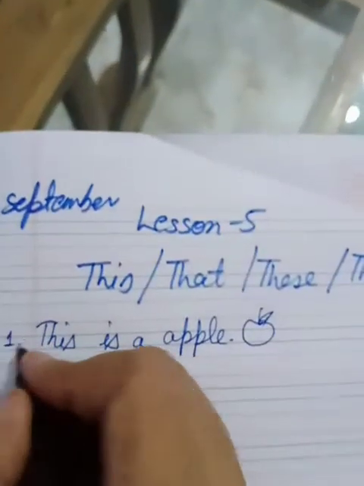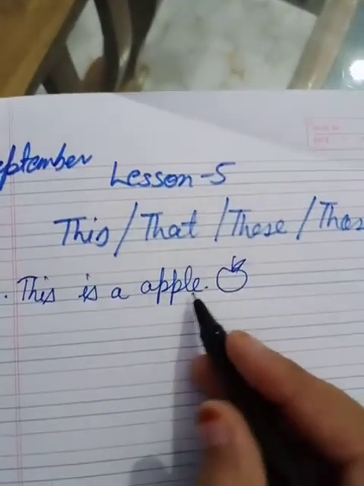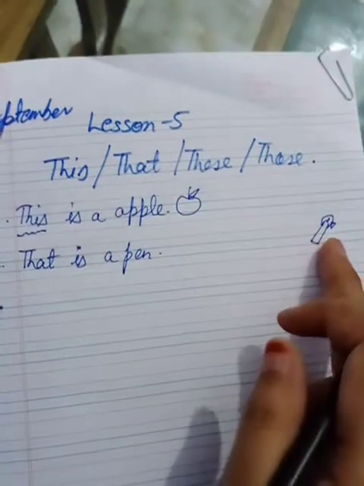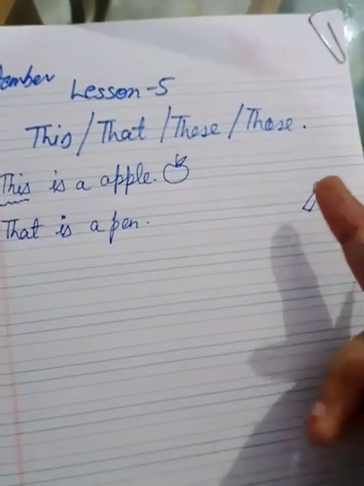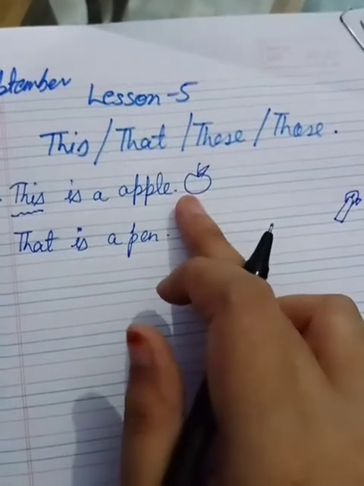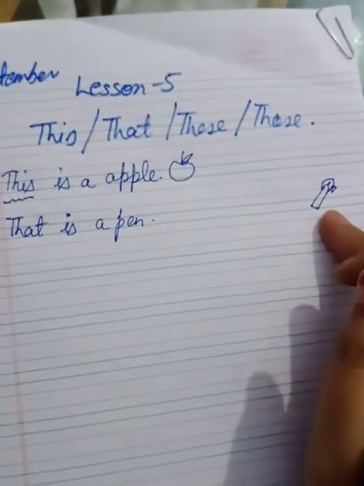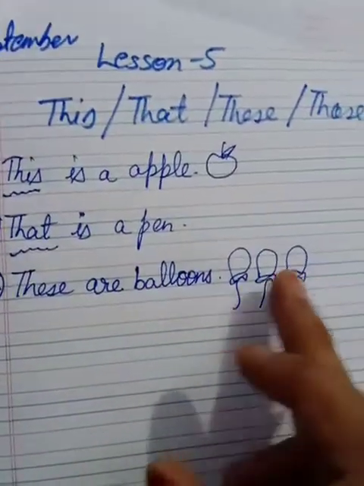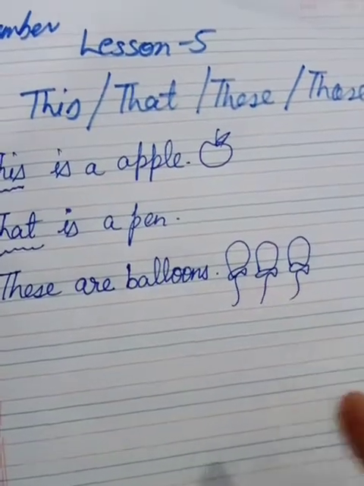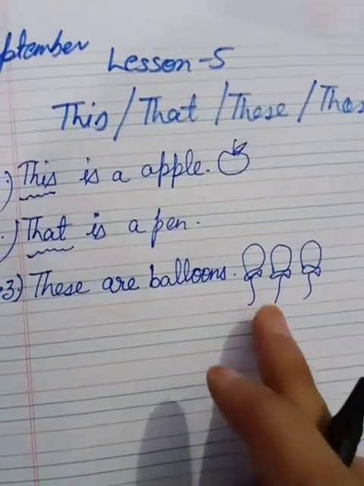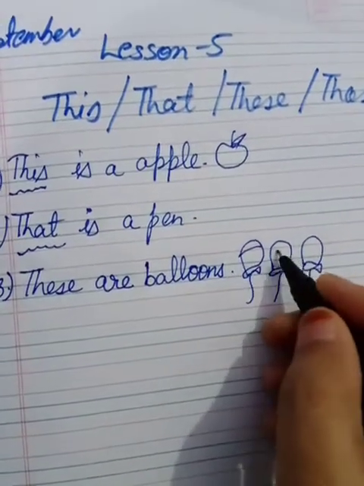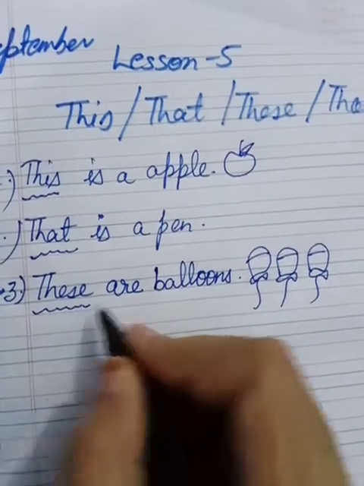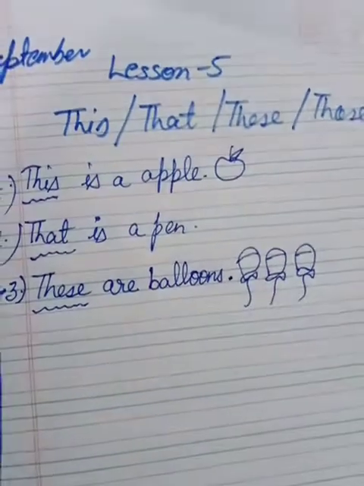So write here, if the apple is near, so what we will write, this is an apple. If the single thing is far away, then we will write that is a pen. If the things are near but they are more than one in number, so here the balloons are 3 in number, more than 1, and these are near, so we will write, these are balloons, as for plural things.